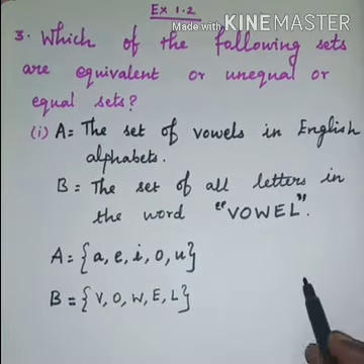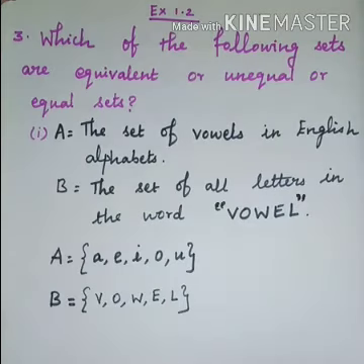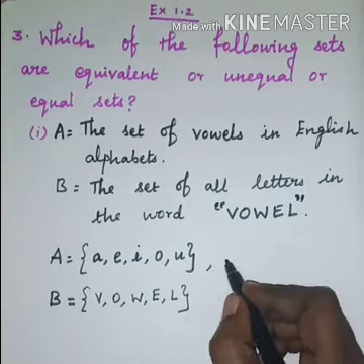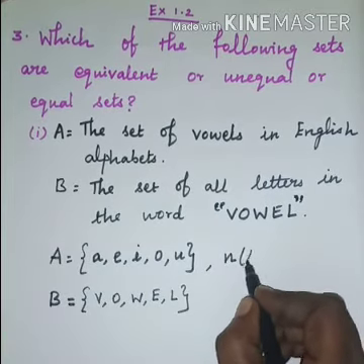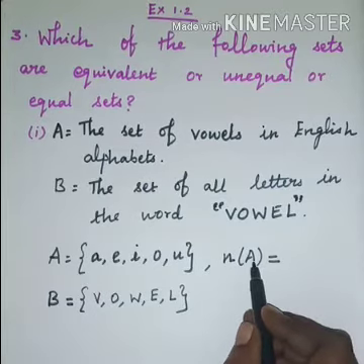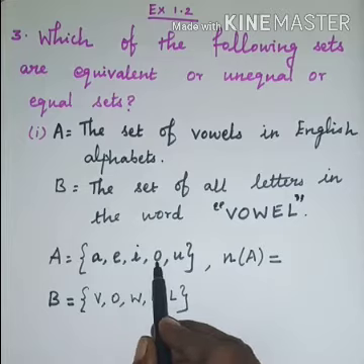Next, coming to equivalent: if they have the same number of elements, then we can say A and B are equivalent sets. How many elements are there in A? n of A is equal to 5, the elements being 1, 2, 3, 4, 5.